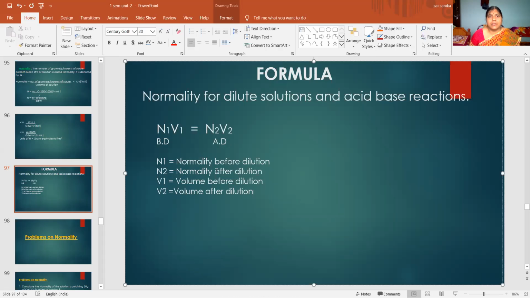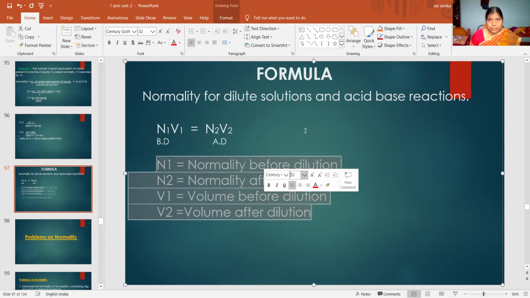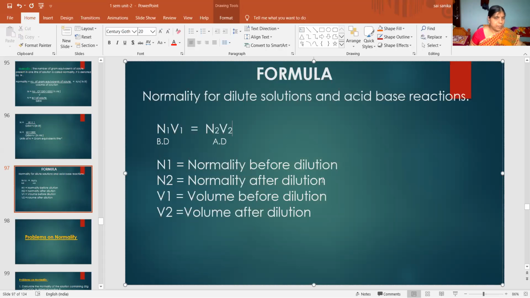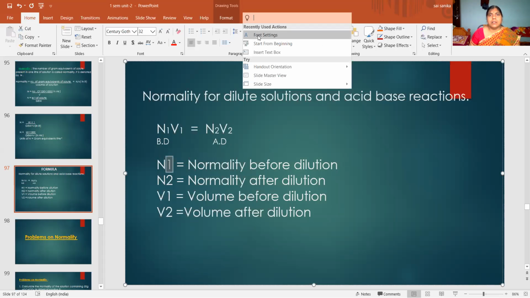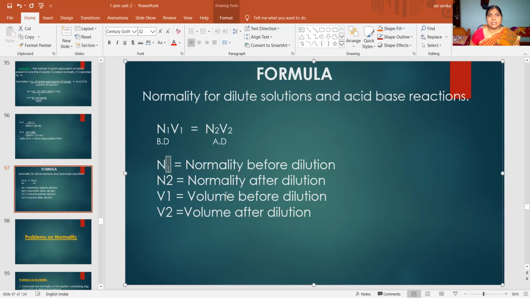So this is the formula used for normality of dilute solutions as well as for acid-base reactions.